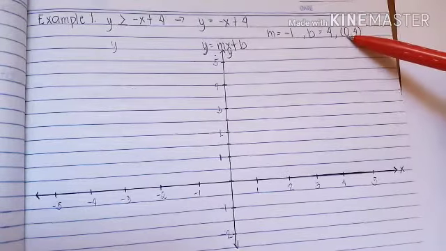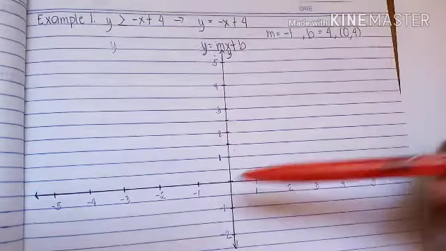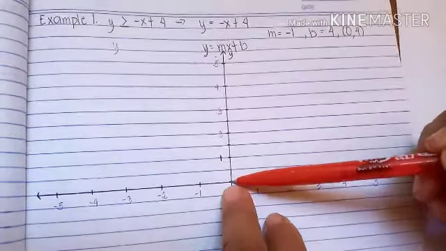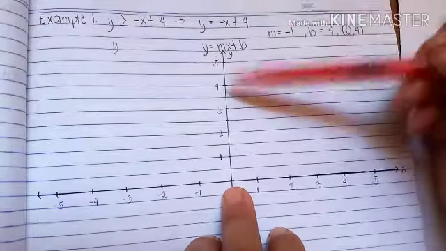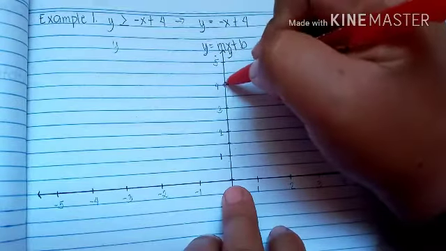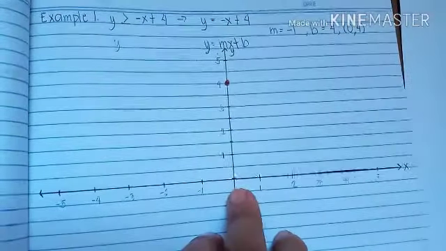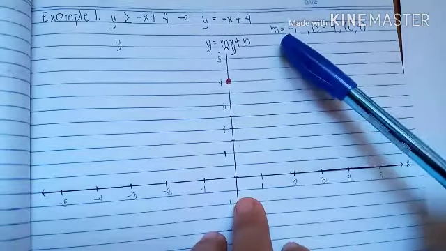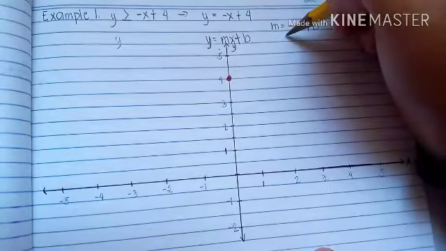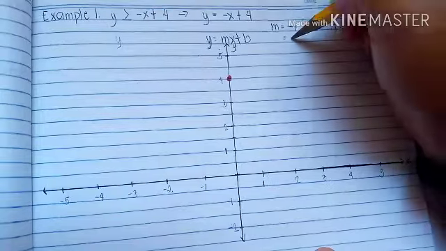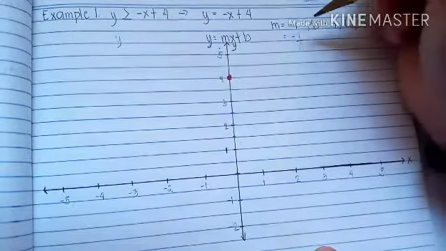Let's try to plot this first. So (0, 4) is located at x = 0 and y = 4, so that would be here. Now, since our slope, or your m, is -1, the rise over run is -1 over 1.